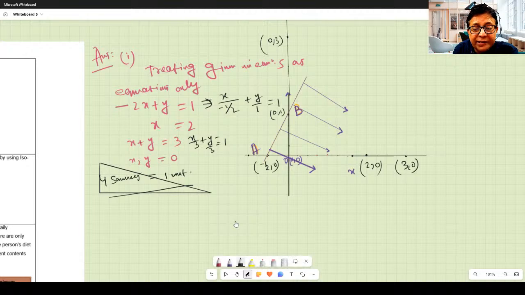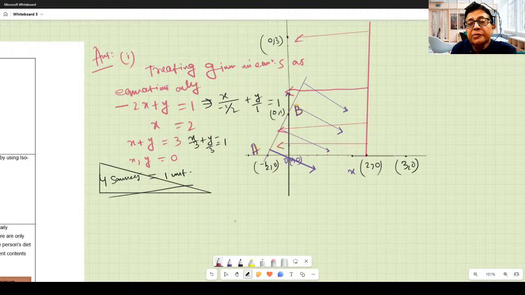Let me take this thing over there. This is x equal to 2. Region due to this will be directed towards the origin, isn't it? Starting from the line, it will be directed towards the origin. Clear? It will be towards the origin. Okay?